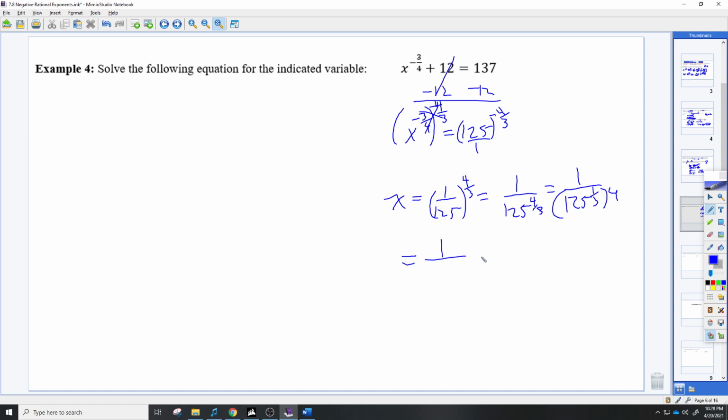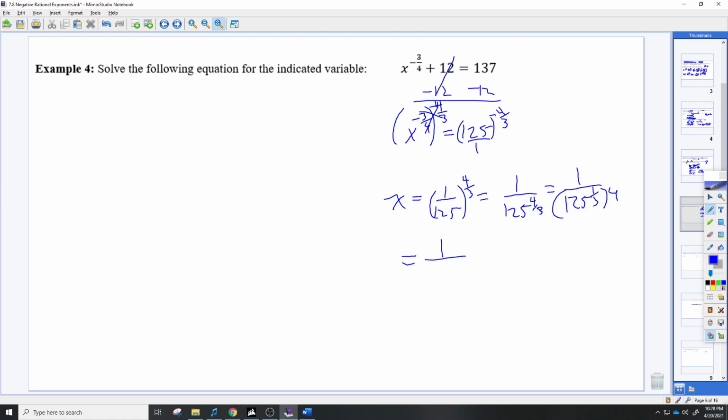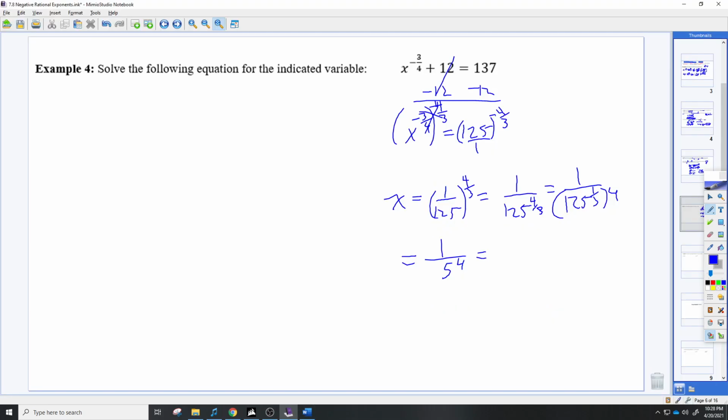Just keep going here. 1 over, this would be the number 5. If you look at your table, 1/3 and 125, it reads over to 5. This is 5 to the 4th. And 5 to the 4th is, look on the table. Fourth power would be 625. So 1 over 625. And that equals x.